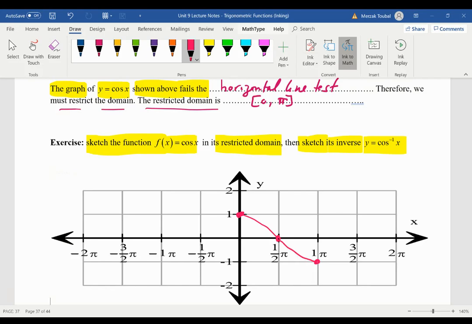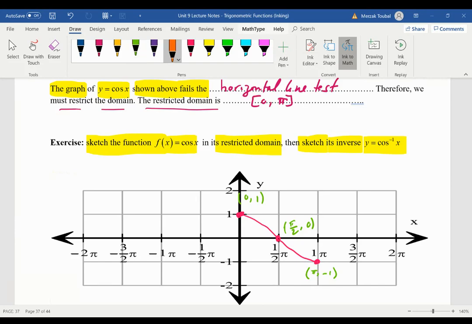Now let's label these 3 points: 0 comma 1, pi over 2 comma 0, pi comma -1.